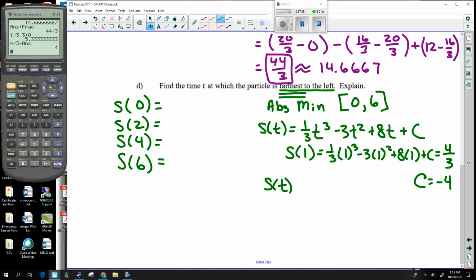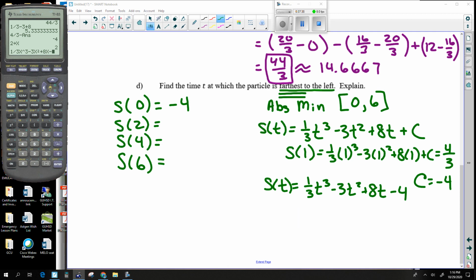So the position is one-third t to the third minus 3t squared plus 8t minus 4. All right, so my position at time 0 is -4. Position at 2 is 8/3, which is 2.6667.